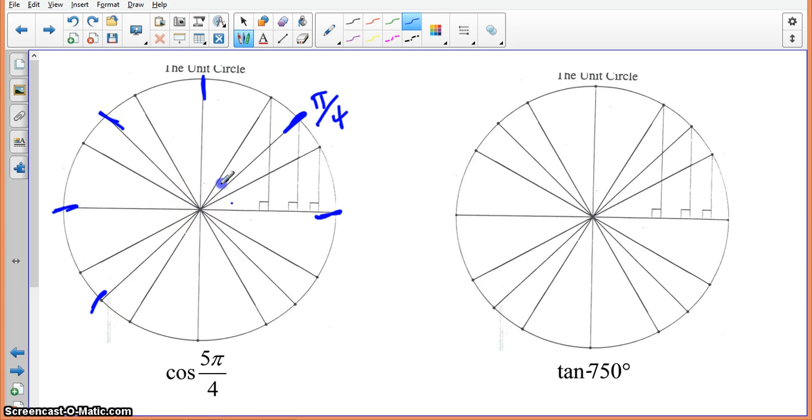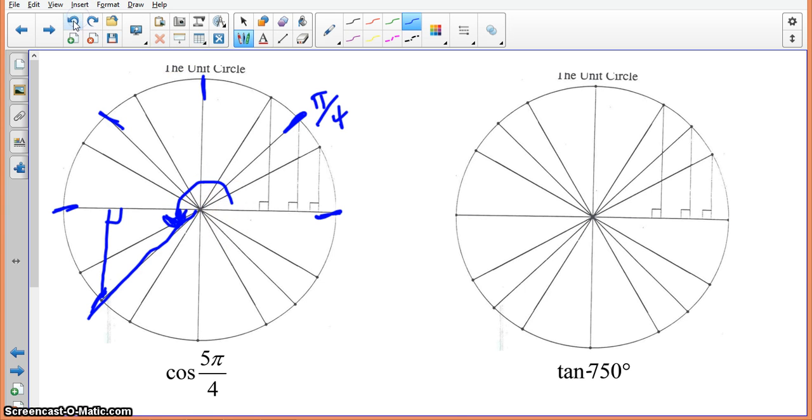This is the angle that we want, the angle that we're interested in. So cosine of 5 pi over 4. We draw the little right triangle.